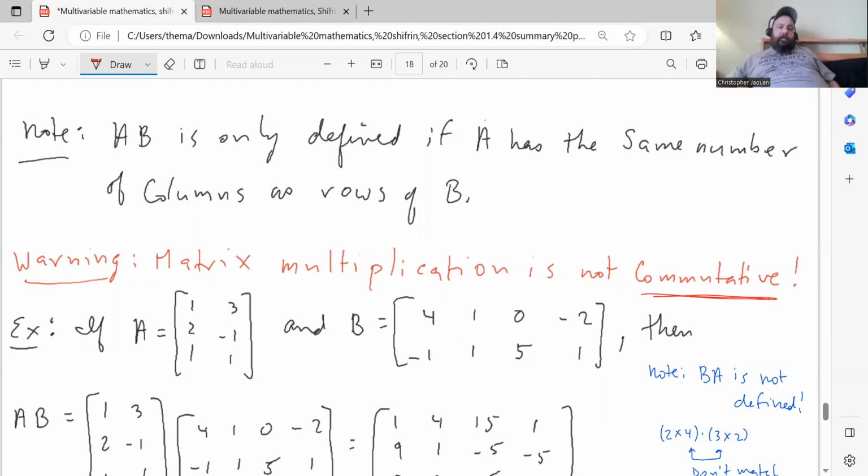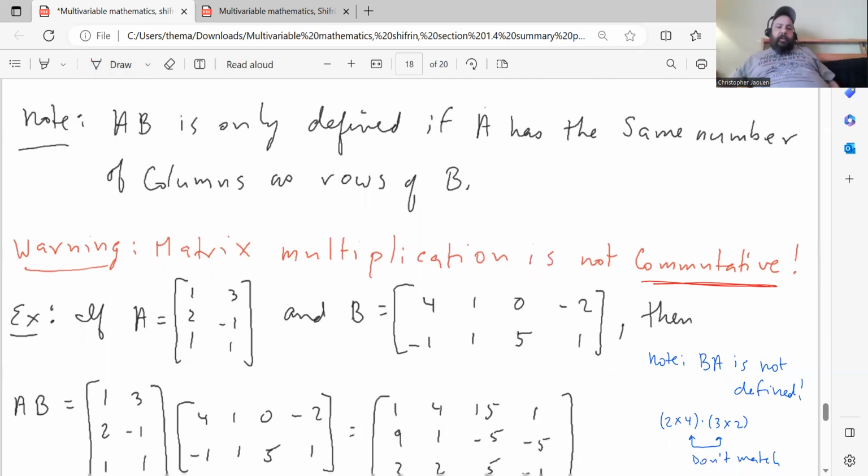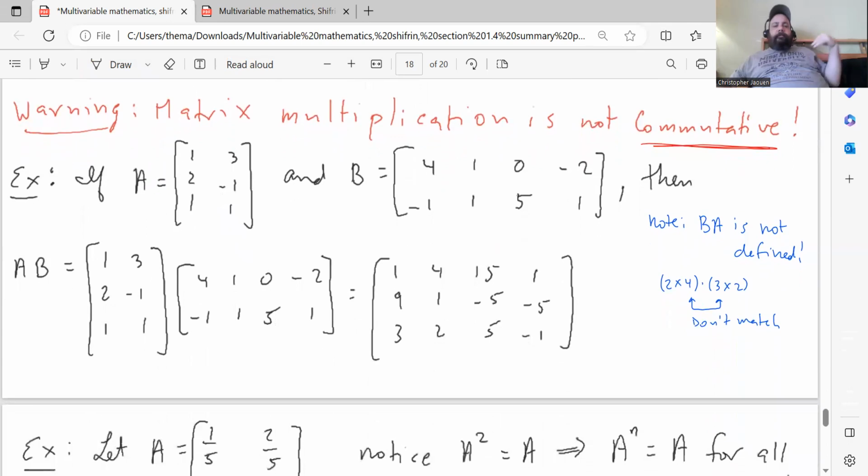And then he has an example here just to get used to multiplying using this definition. If A is the 3 by 2 matrix with entries 1, 3, 2, -1, 1, 1, and B is the 2 by 4 matrix with entries 4, 1, 0, -2, -1, 1, 5, 1, then when you multiply them out, I'll do a couple of the entries for you.